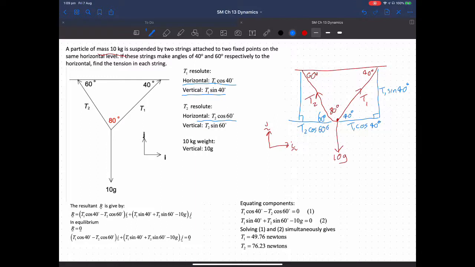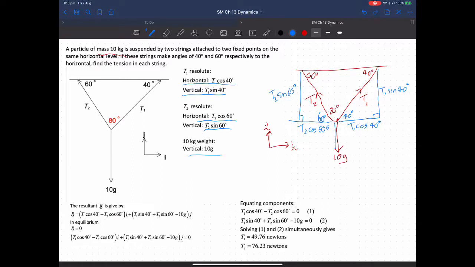The opposite side on that triangle, therefore, will be T2 sine 60 degrees. The other thing I need to know is the weight. The weight, obviously, I have going down as 10g.